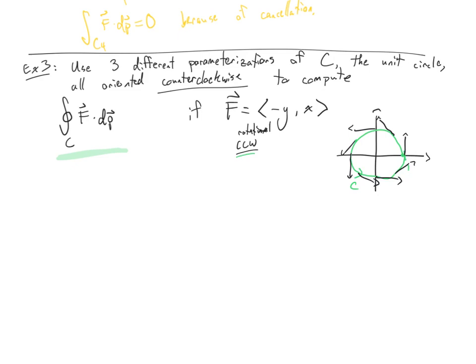So in this particular case, this is the line integral over a closed curve. And what that means is that P starts and stops at the same point.